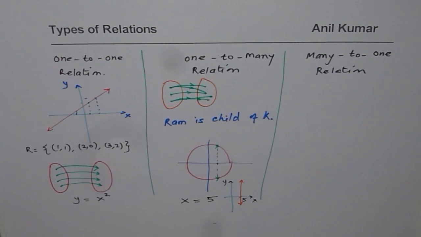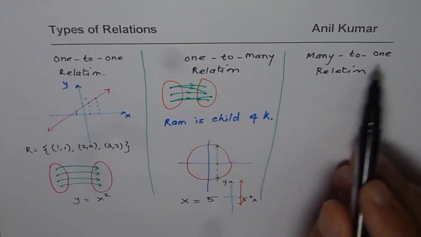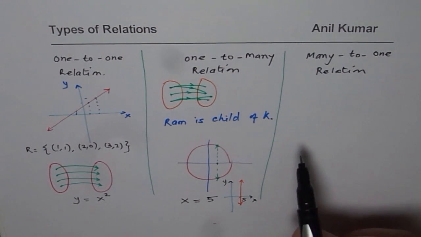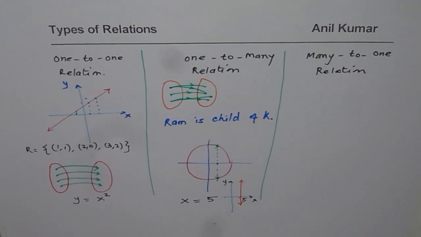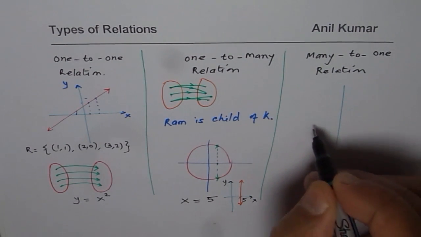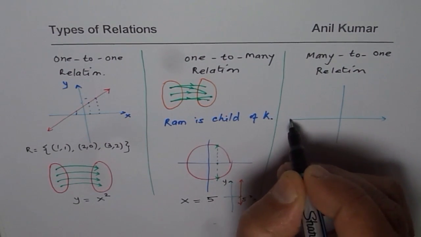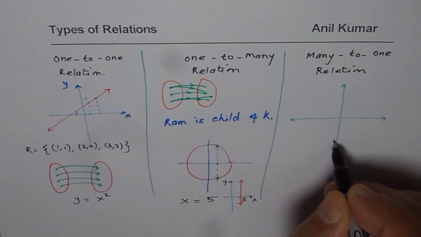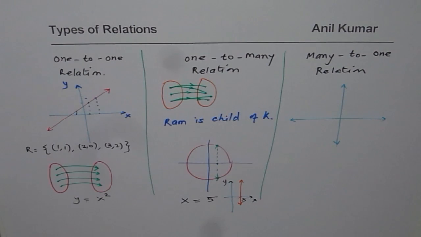Now there could be instances where we have many to one relation. One of the examples is, let me sketch first for you, and then you can write down the equation of this relation. Let us say we have a horizontal line.